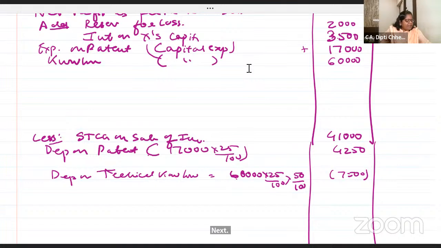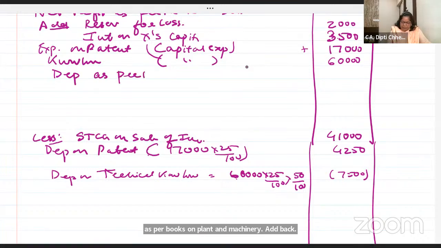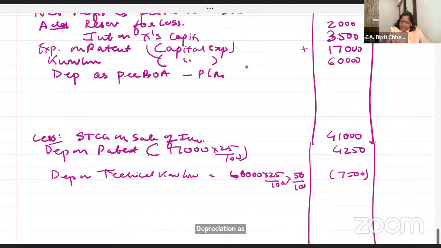Okay, have we completed? Next, depreciation as per books on plant and machinery, 28,000. Add back. Next is provisions for GST, which is not allowed.